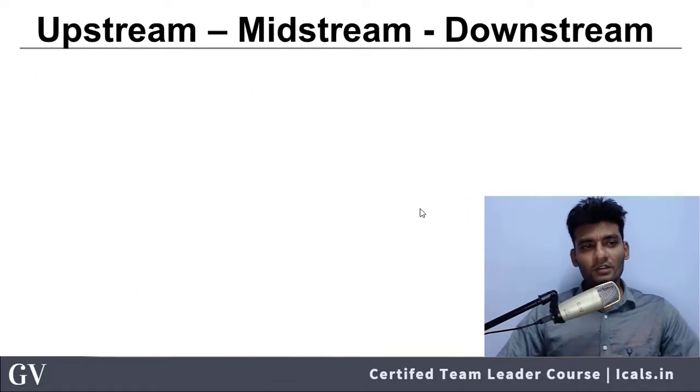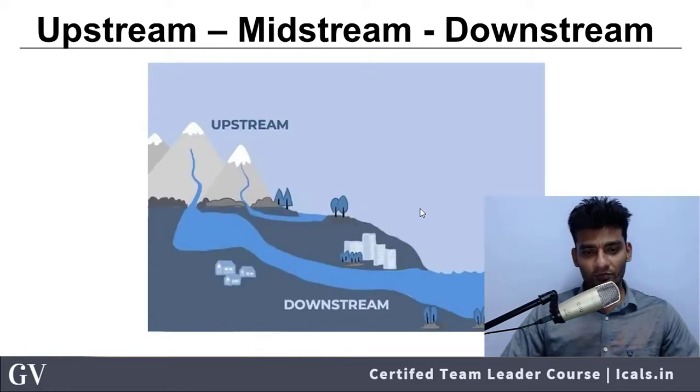So let's look at something called as upstream, midstream and downstream as a concept. Okay, I would request you to visualize a stream which is flowing like this. So you have an upstream where a complete water stream started coming from there, and it flows from the hill and moves towards the downside of the hill, right?